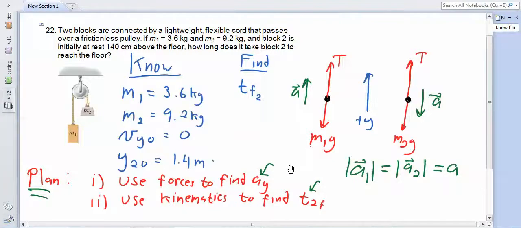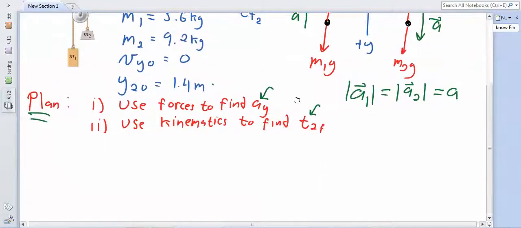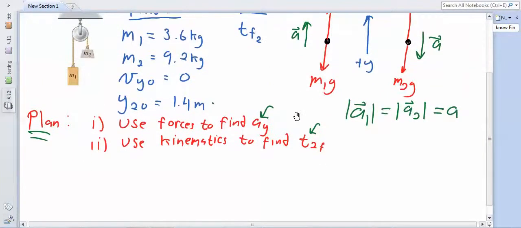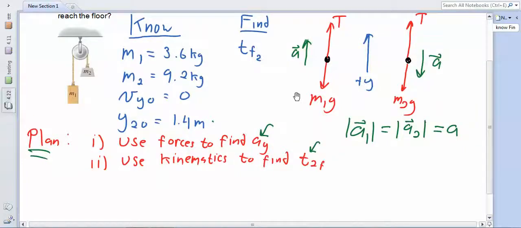All right, so let me move my paper up, and we'll go ahead and apply Newton's second law to this situation. So that's going to tell us that the acceleration is equal to the net force as a vector divided by the mass.